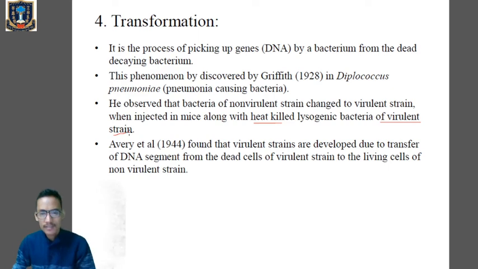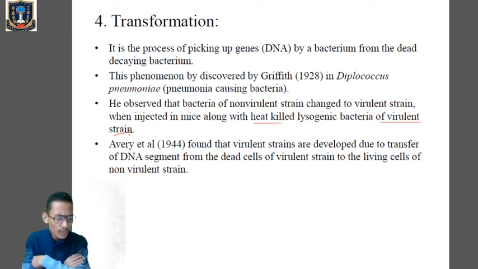So in this case, the genetic material, that is DNA, was picked up by non-virulent strain from heat-killed virulent strain. So this is the process of transformation where the non-virulent strain was changed into virulent strain. Clear?